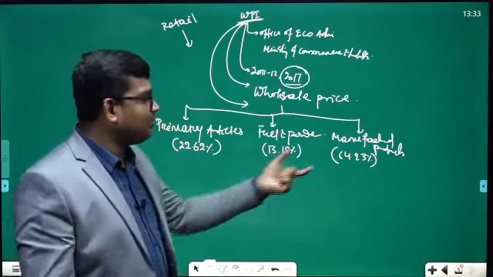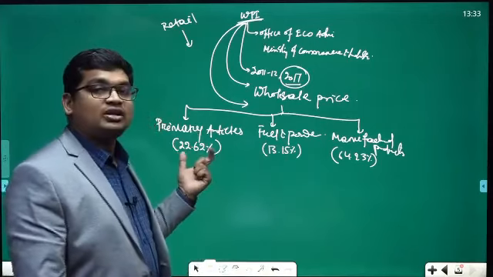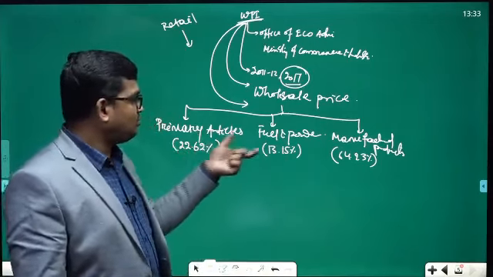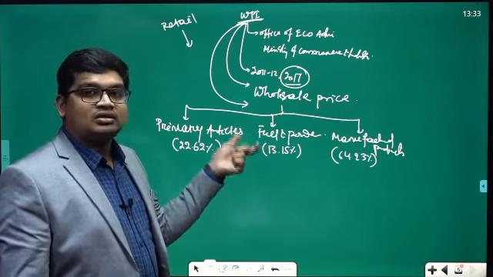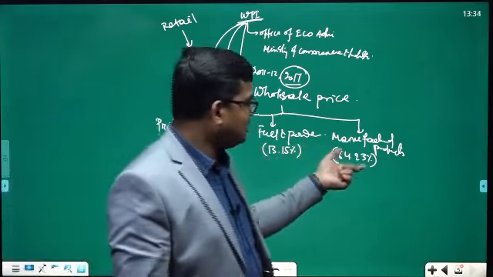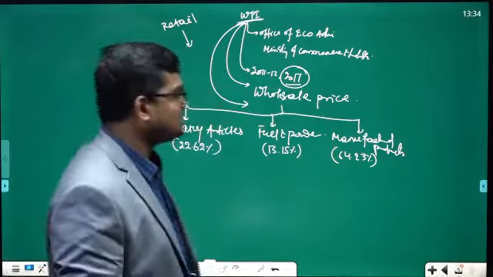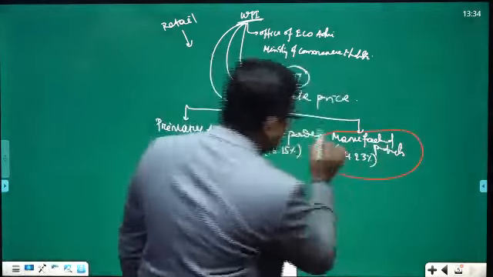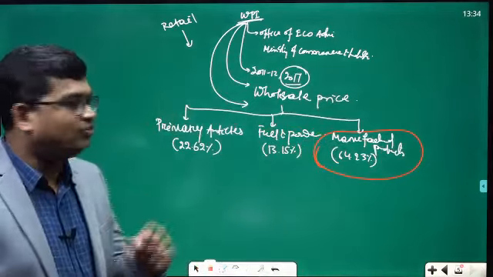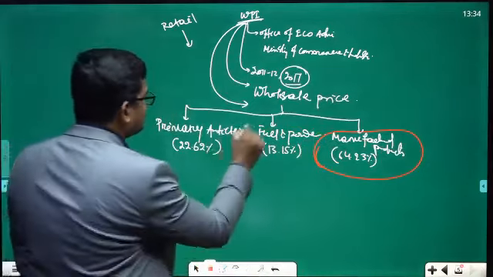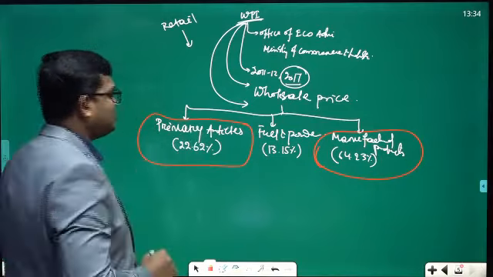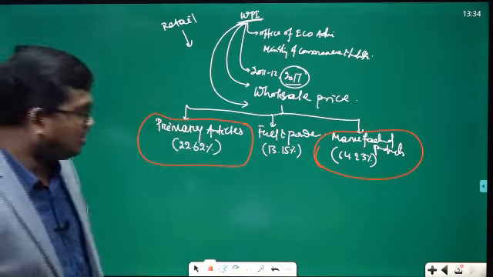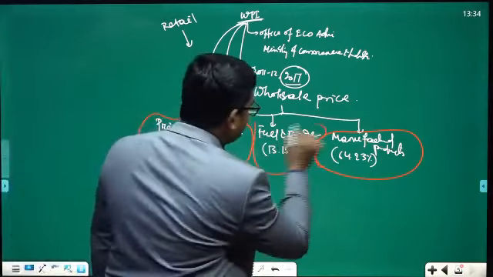You have to remember: primary articles 22.62, fuel and power 13, and manufactured, that means 64. So the highest weightage is given to manufactured products, 64.23%, the second to primary articles, and the third, fuel and power, 13.15%.